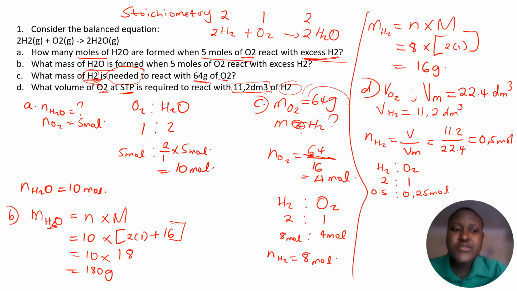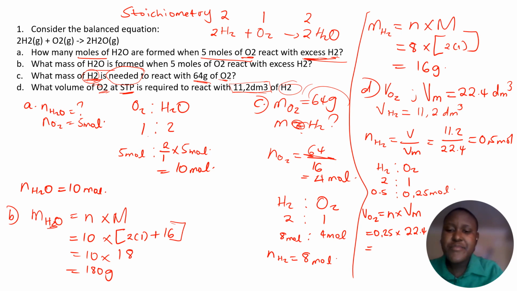And now you want to calculate the volume. Volume of O2 at standard temperature and pressure will be the number of moles multiplied by the molar volume. We know the equation. We've gone through that over and over again. No need to go through it again. So volume will be equal to number of moles of oxygen, which we say is 0.25, multiplied by 22.4, which is the molar volume.